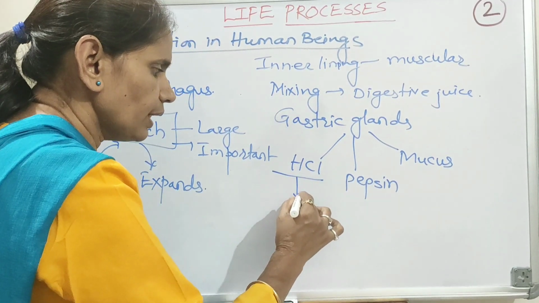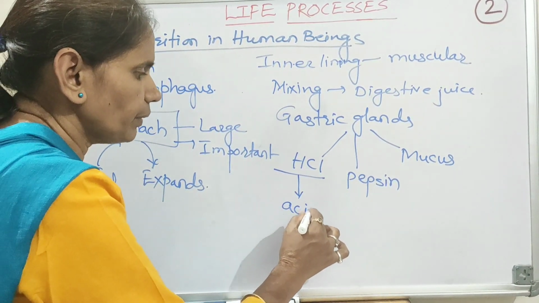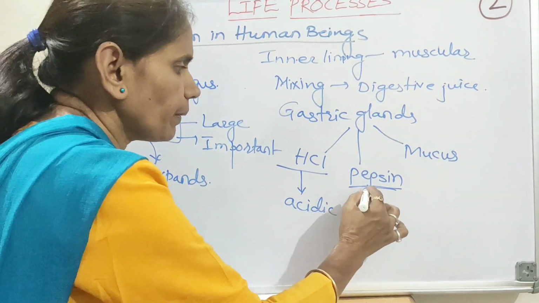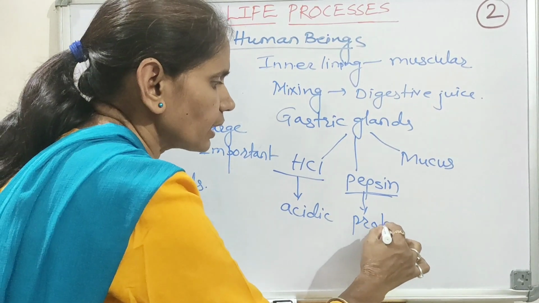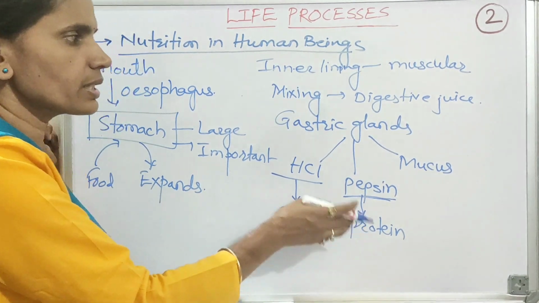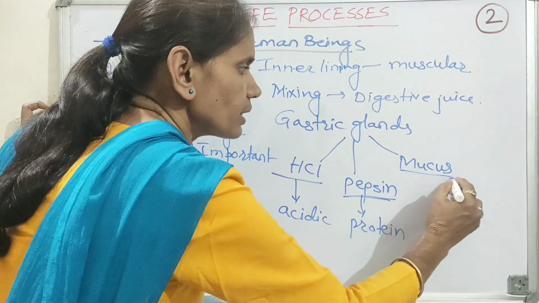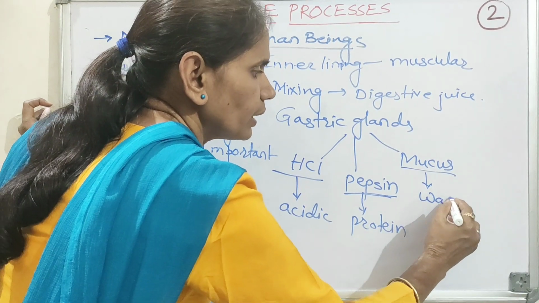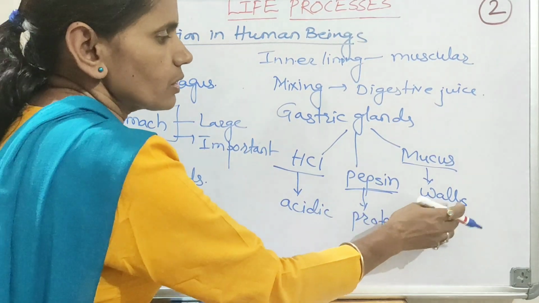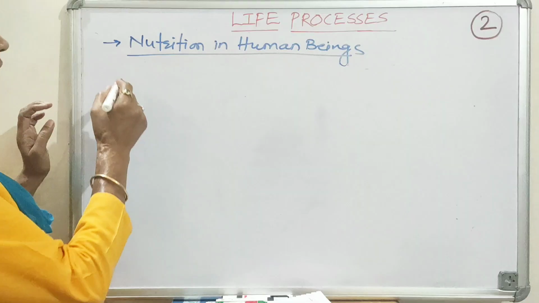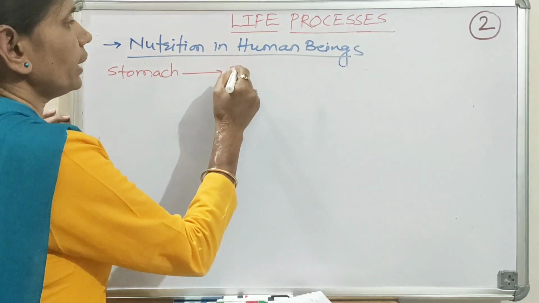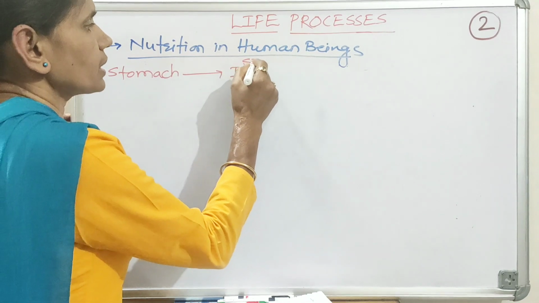Now HCl creates the acidic medium that is required for the action of pepsin. Pepsin is a protein digesting enzyme, so it is responsible for the digestion of protein components in the food. And the mucus protects the walls of the stomach from the attack of acid. From the stomach, the food enters the small intestine.